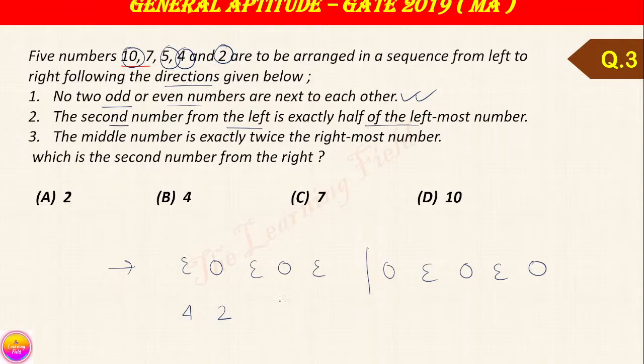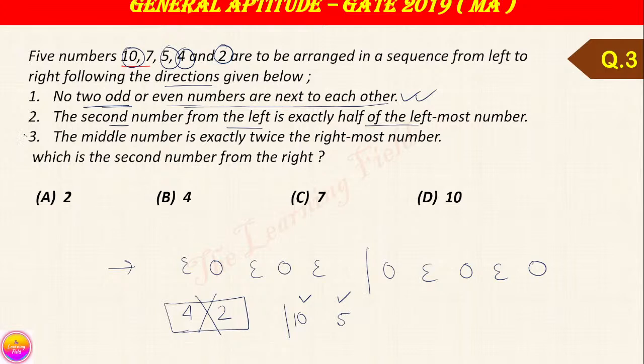But it says no two odd or even numbers are next to each other, and 4 and 2 are both even numbers. Therefore, this is not possible. So we write 10 first and then 5 as the second number.